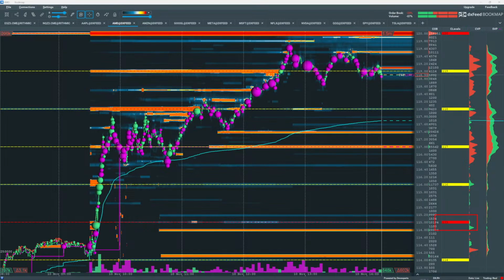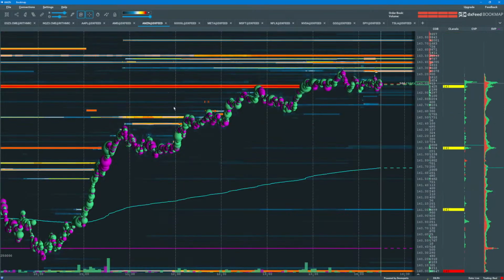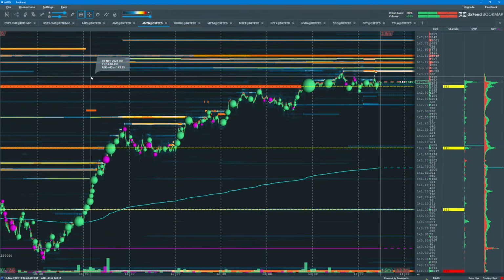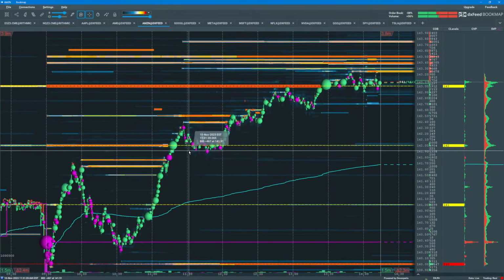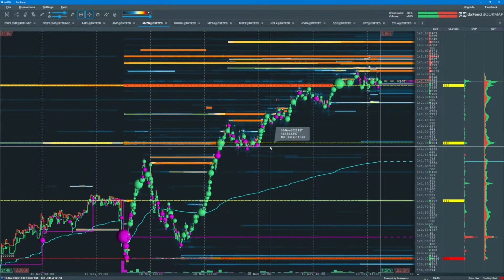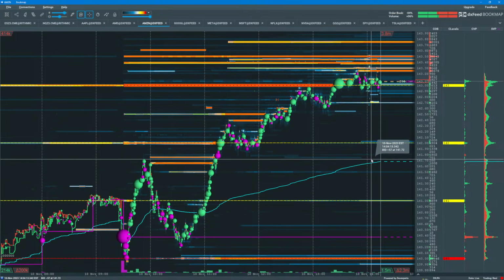All right, the next stock, Amazon. So in Amazon, 140 is the key gamma strike, acting as support today.